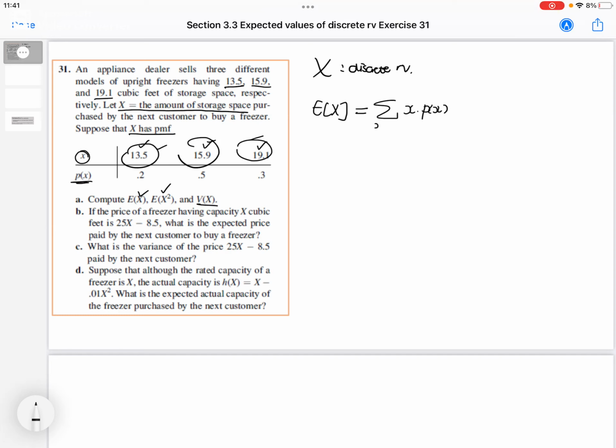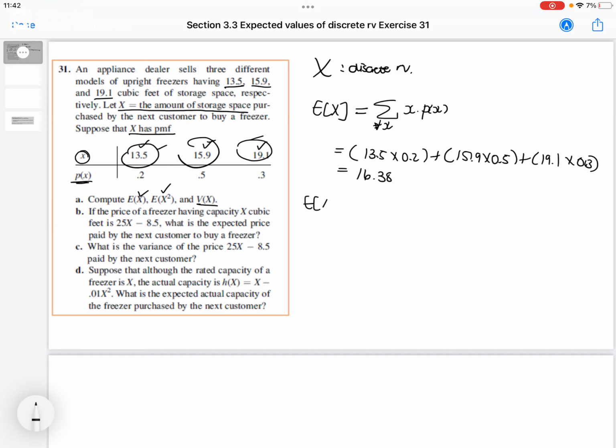It's the sum of small letter x times p(x), for all x. Now this is equal to the first x, 13.5, times probability 0.2, plus the second x, 15.9, times 0.5, plus the last or third x, 19.1, times 0.3.